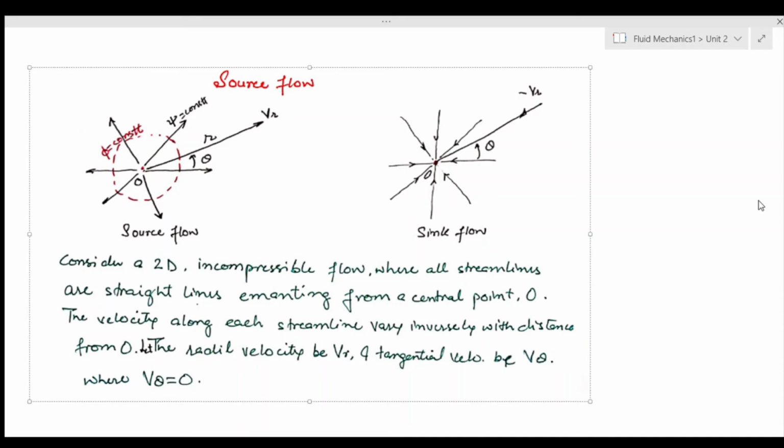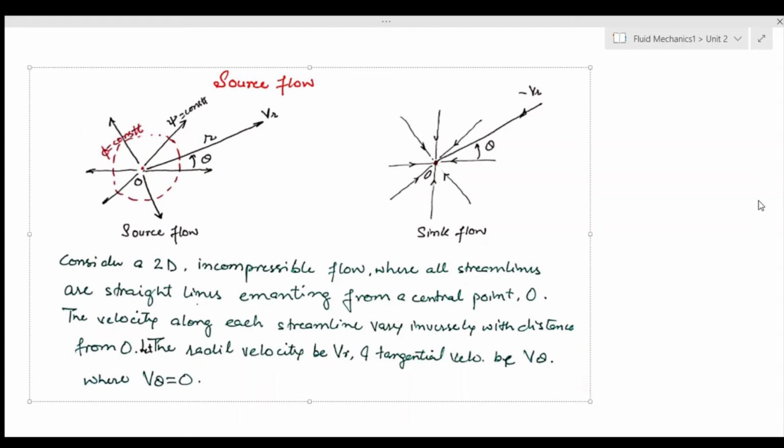The second case which we are going to study is known as a source flow or a sink flow, and this is the kind of flow which does not exist in reality, but we can add it with certain other elementary flows and study real kinds of flows. And this is something which you would see a little bit afterwards, maybe in our next class.